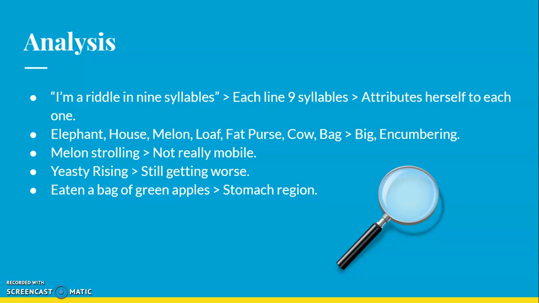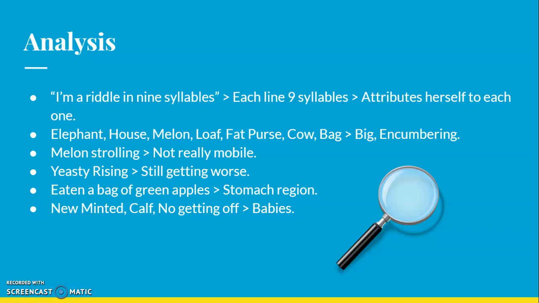After that, it's eating a bag of green apples, which you'd attribute to your stomach, around the stomach region. And then after that, you get the words new minted, calf, no getting off, which is like newly made or, well, babies, I guess.